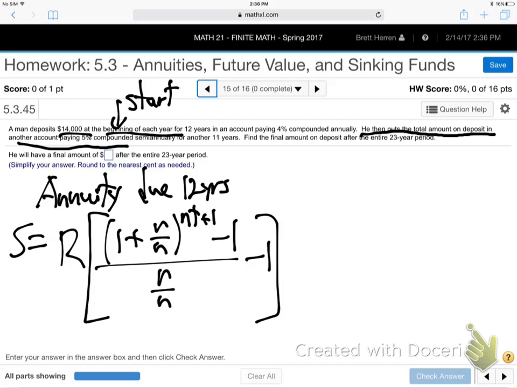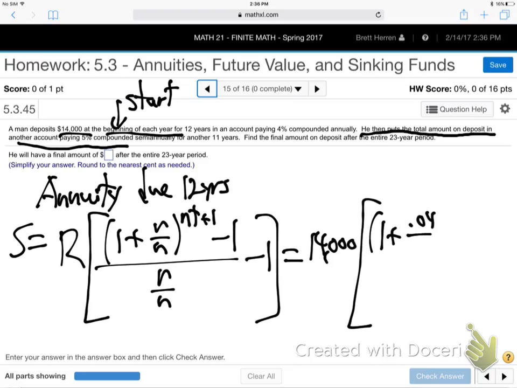So let's do that. So what's the R? 14,000. The little r is 4%. N, is this yearly? Annually, yeah. N is just 1, that's nice. 12 years. I'm running out of room in a hurry here.